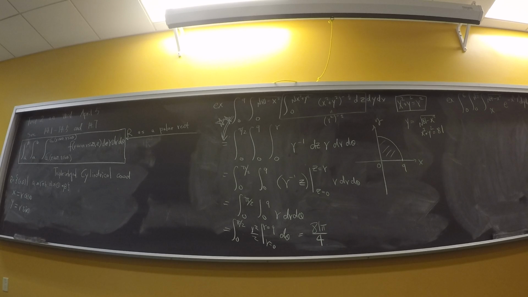Questions? No, square root of 4 minus x squared. Oh, this is 2, square root of 2. My z has a little bar here.